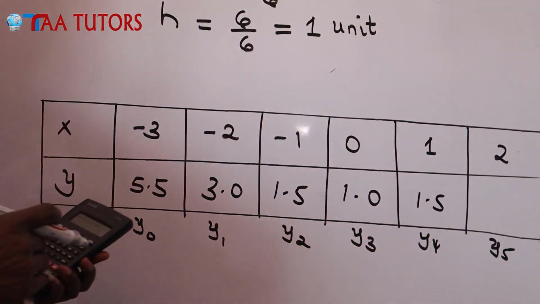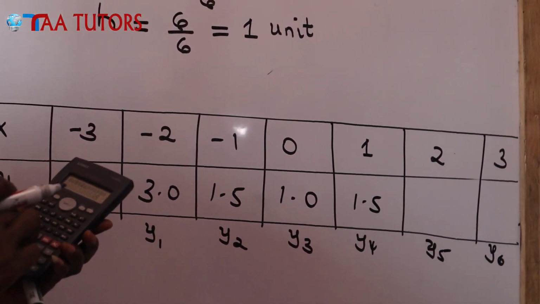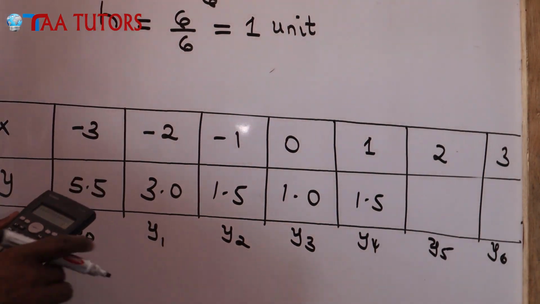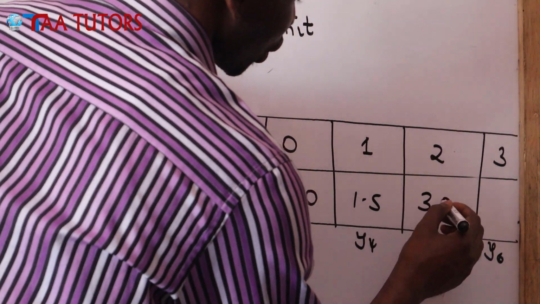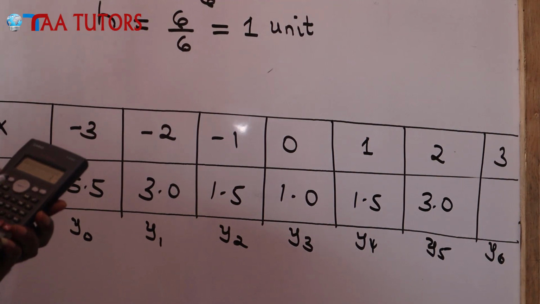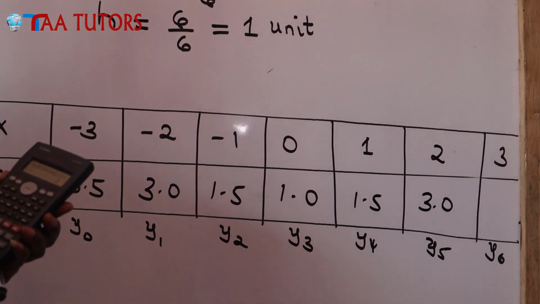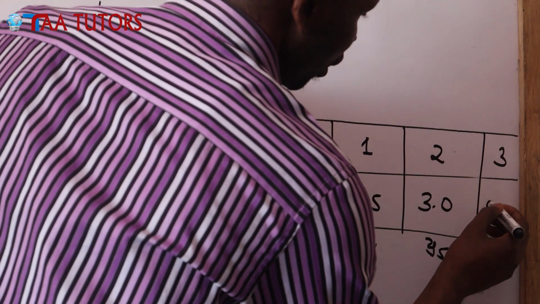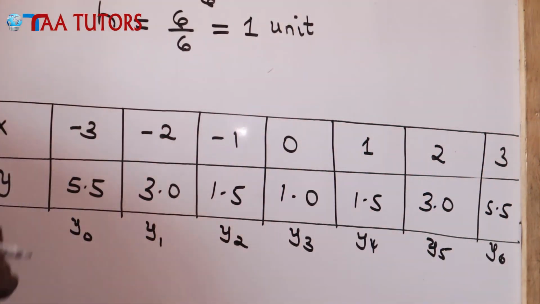And you realize they'll repeat like that. 0.5 into 2 squared plus 1 is 3.0. And finally, 0.5 into 3 squared plus 1 is 5.5. So we have the values of y.